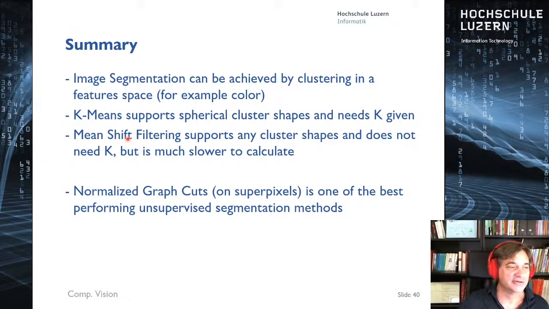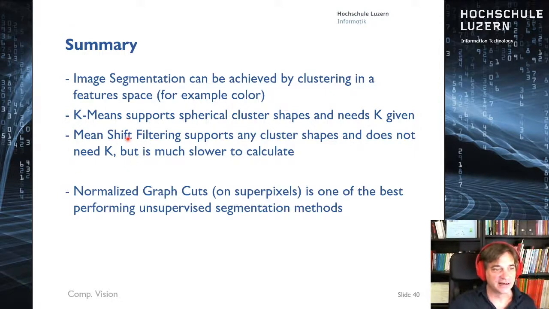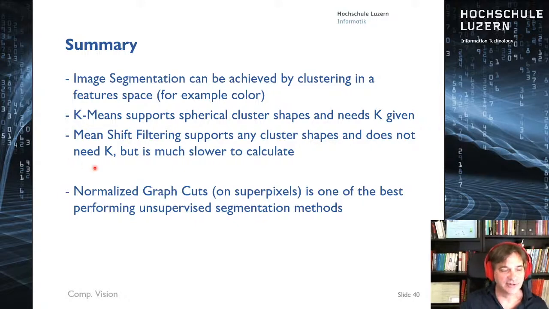Or we can use mean shift filtering, which supports any cluster shapes, does not need k, has some other hyperparameters, and is in comparison much slower to calculate, because it needs those iterations from every starting pixel. Normalized graph cuts, usually on superpixels, is I think one of the best performing unsupervised segmentation methods. So if you ever need anything segmentation, this might be the approach to try out first.